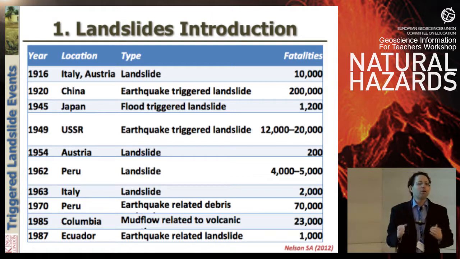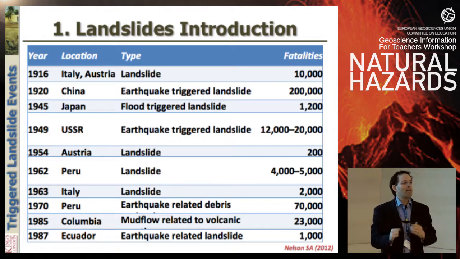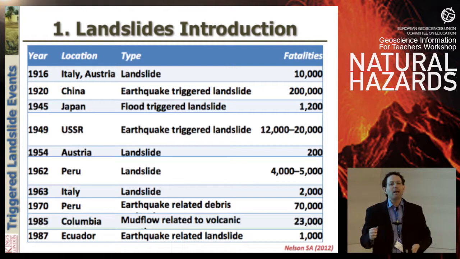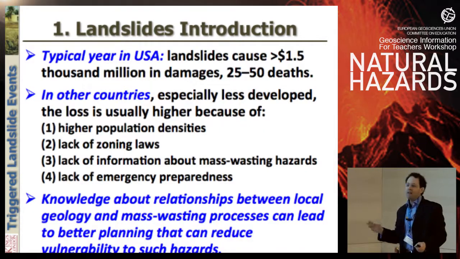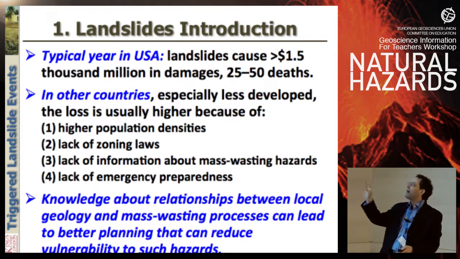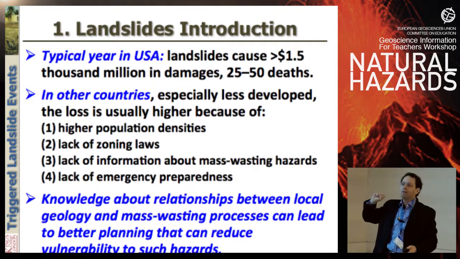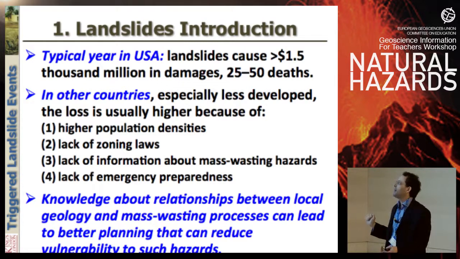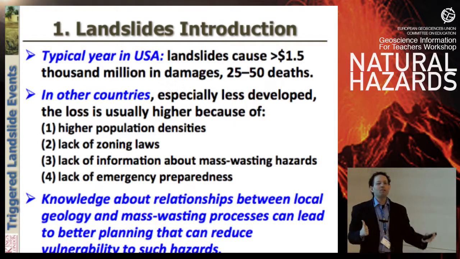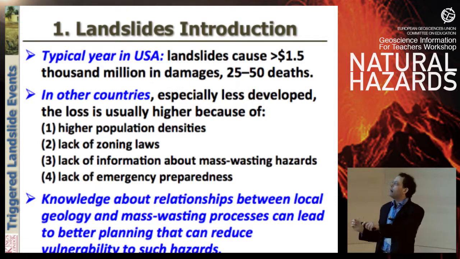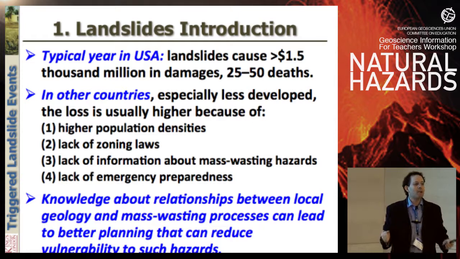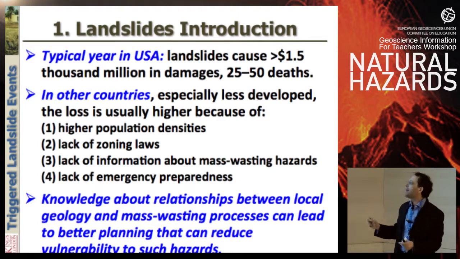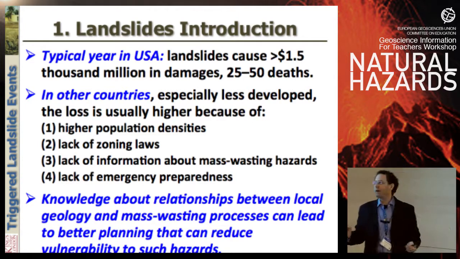The Wenchuan earthquake caused quite a few fatalities, and we have many, many other examples of triggers resulting in many landslides. In a typical year in the US, there's $1,000 million of damage and 25 to 50 deaths. In other countries, it can be much higher due to higher population densities, lack of zoning laws, lack of information about mass wasting, and lack of emergency preparedness.